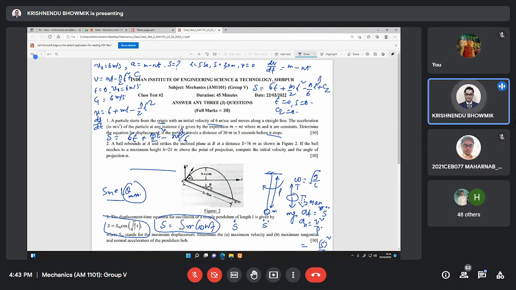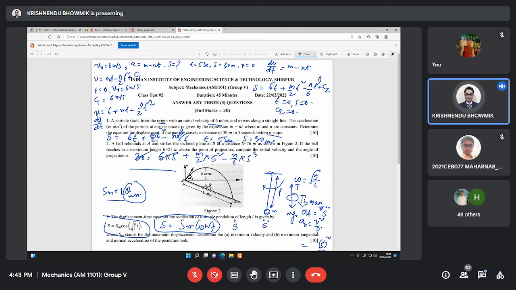Now it is told that when t equal to 5 second, s equal to 30 meter. Hence 30 equal to 6 multiplied by 5 plus m by 2 multiplied by 5 square minus n by 6 multiplied by 5 cube.